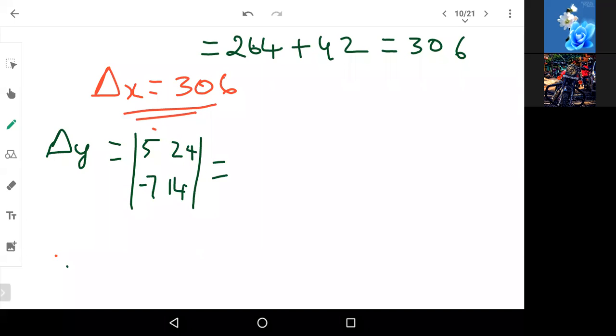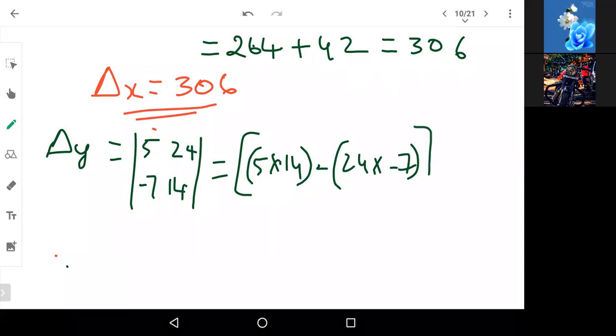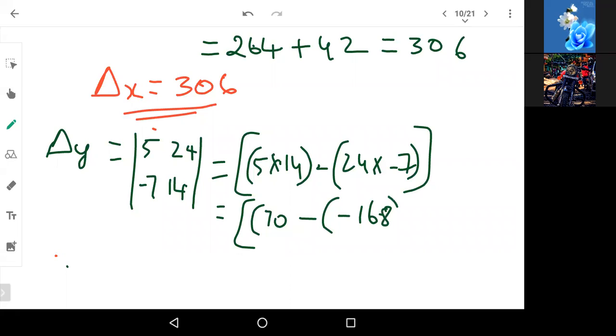Now solve this. 5 into 14 minus 24 into minus 7. So 5 into 14 is 70 minus of minus 168, which is nothing but 70 plus 168.